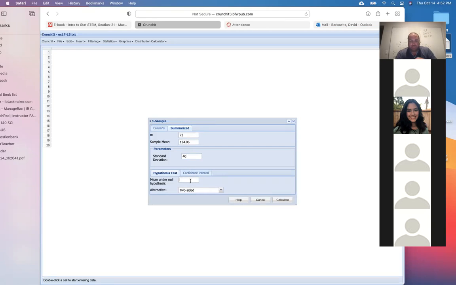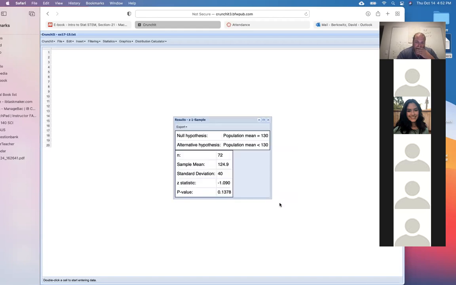Hypothesis test. What should I put under the mean under the null hypothesis? $130. Is it a two-sided, a less than, or a greater than alternative? Less than. Calculate. What's my p-value?